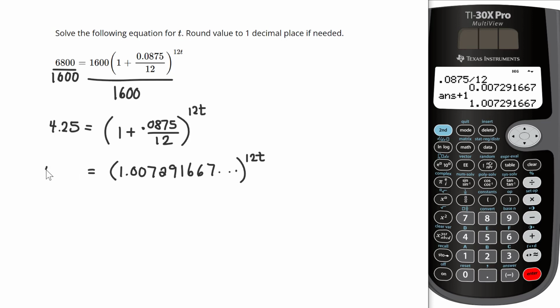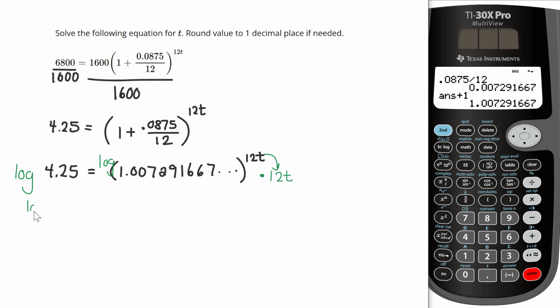So at this point, we're kind of stuck. I need to solve for t, but t is a power. In order to solve for an unknown power, we use the function called a logarithm. So we're going to take the log of both sides of the equal sign. What that does is it will bring down your power so it becomes a multiplication.